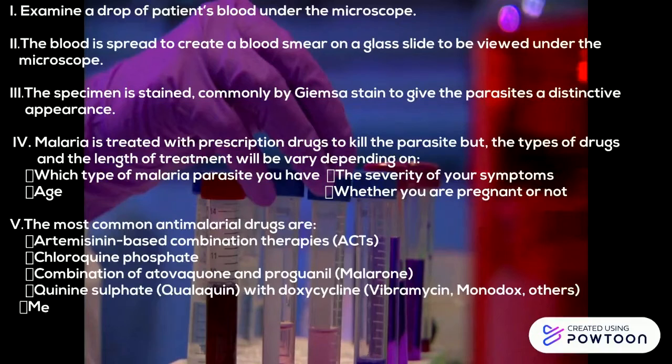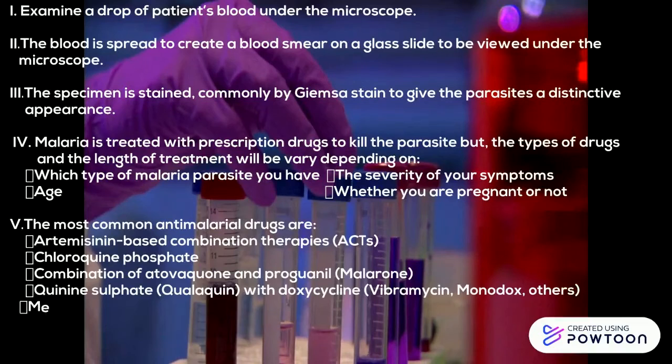Malaria is treated with prescription drugs to kill the parasite, but the types of drugs and the length of treatment will vary depending on which type of malaria parasite you have, the severity of symptoms, age, and whether you are pregnant or not.